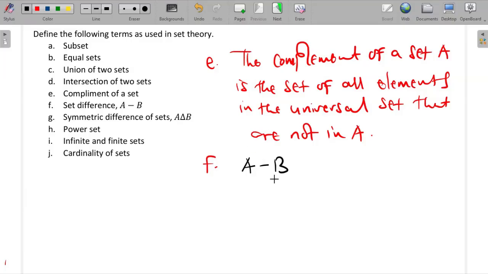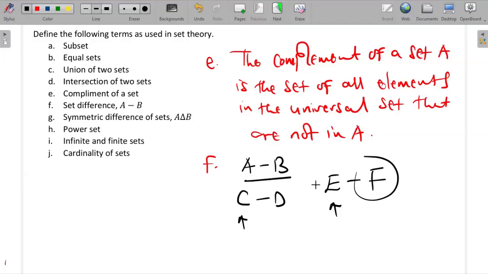The set difference A minus B is the set of elements that are in the first set but not in the second set. So if I wrote C minus D, this would just be the elements that are in C but not in D. If I wrote E minus F, it will be the elements that are in E but not in set F.